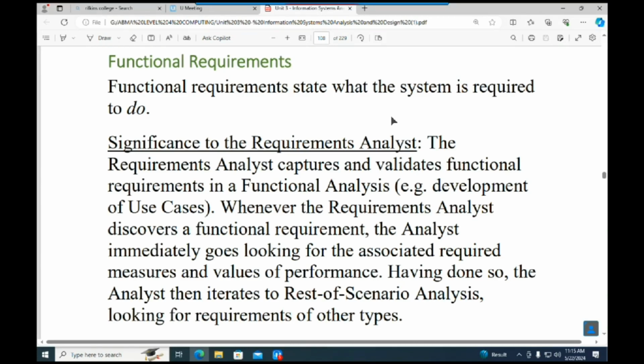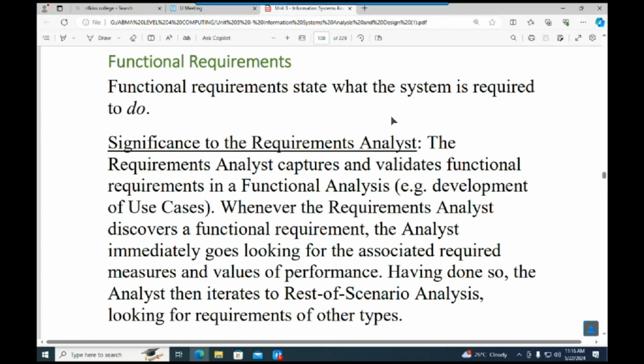Now, the functional requirements have this significance to the requirements analysis. Since they capture and validate the functional requirements in a functional analysis, we have maybe things like the development of use cases. So when the requirements analysis discovers maybe a functional requirement, the analyst is going to look for any associated measures and even values of performance that are required for that function.